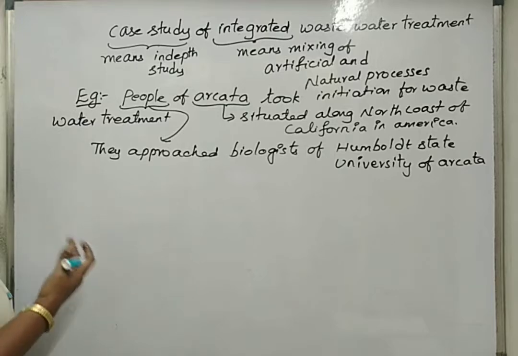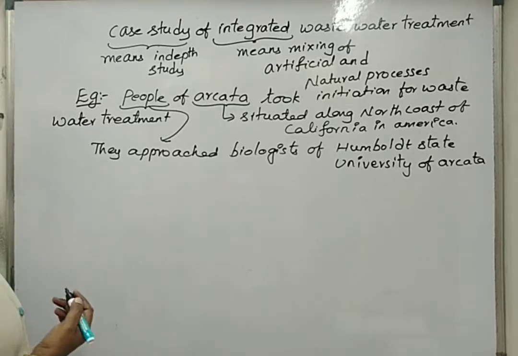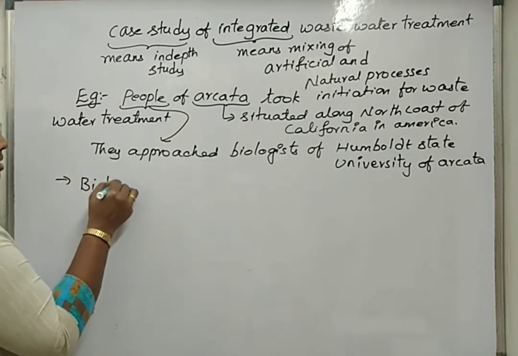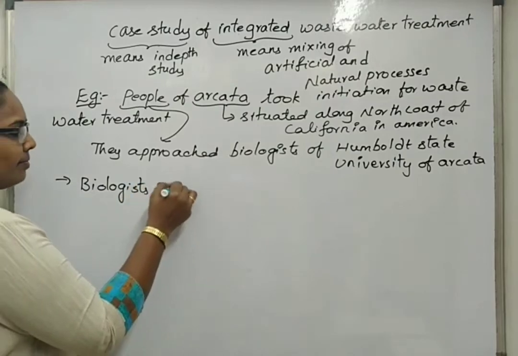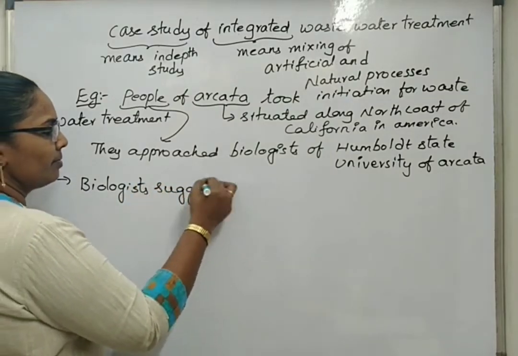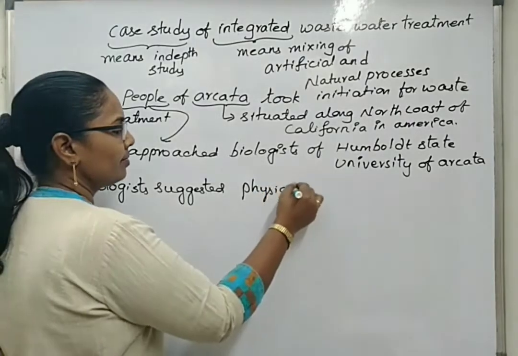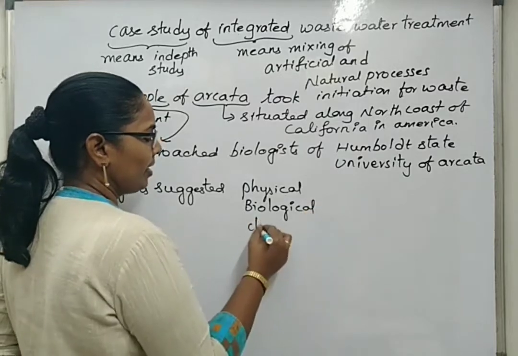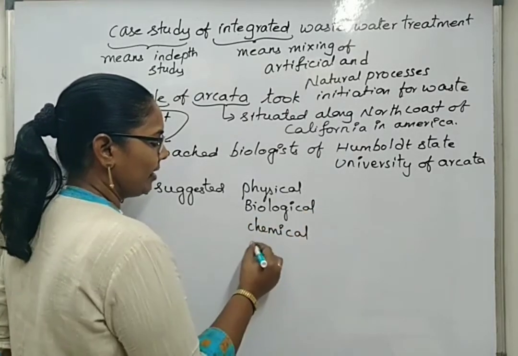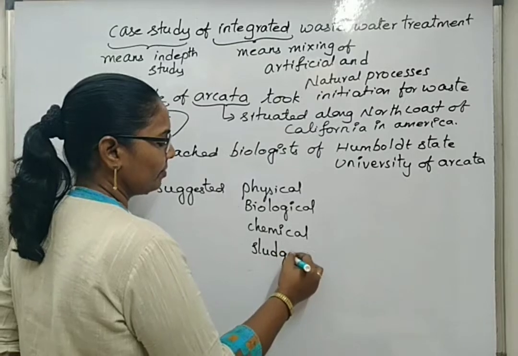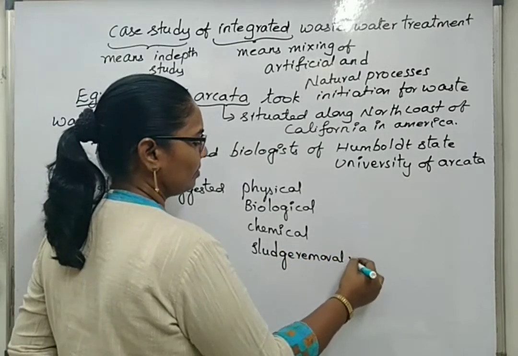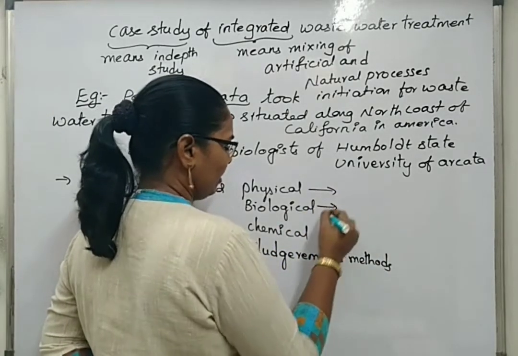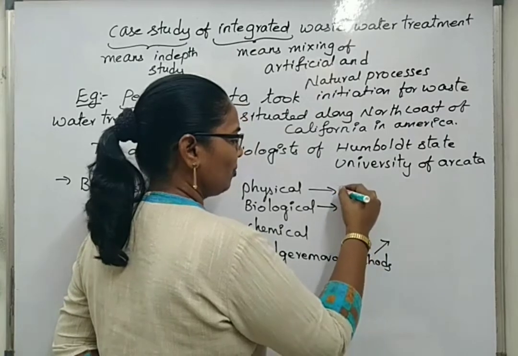So what are the sub names that come under these artificial and natural processes? The biologists suggested physical, biological, chemical and sludge removal processes. So under natural process, we can include the sludge removal process.